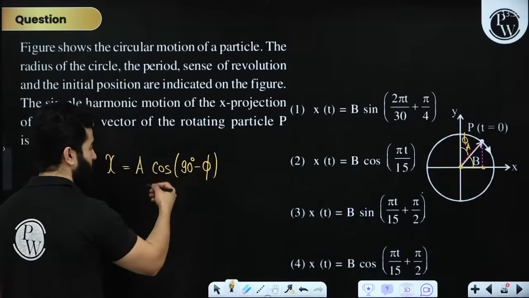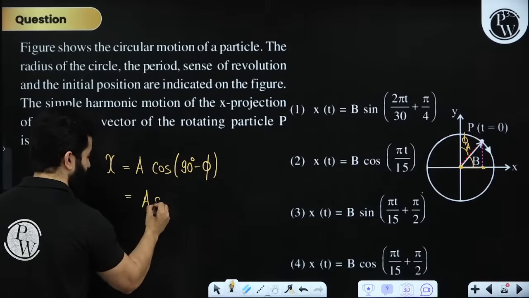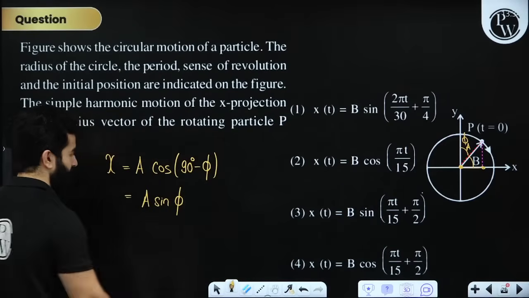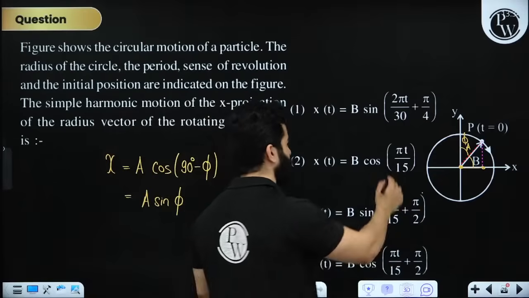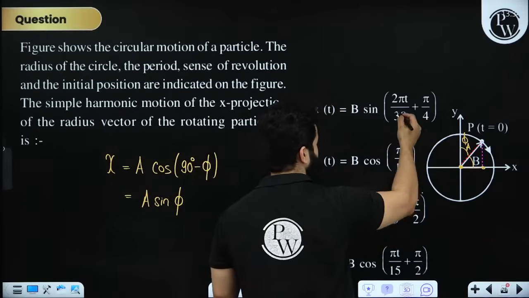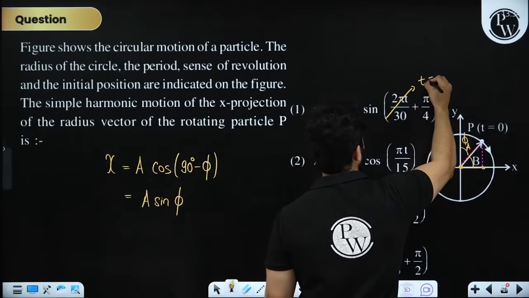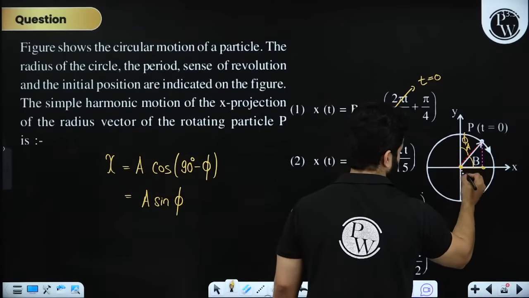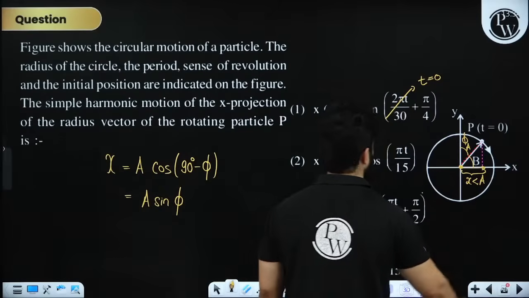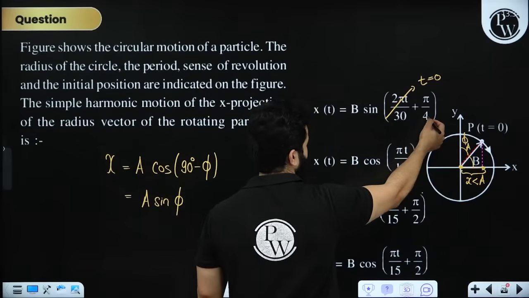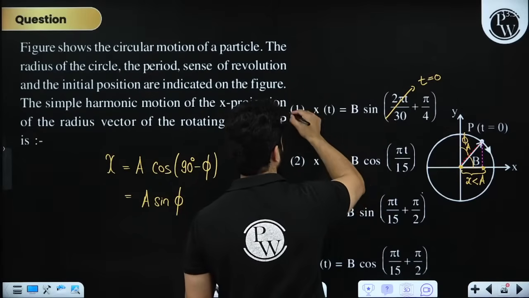Now cos A cos B plus sin A sin B, so you are going to finally get A sin phi. Definitely at t equals to 0, when we get some value, this x is less than capital A. And pi by 4 basically means 45 degree, so this will be less than 1. So option 1 is correct.